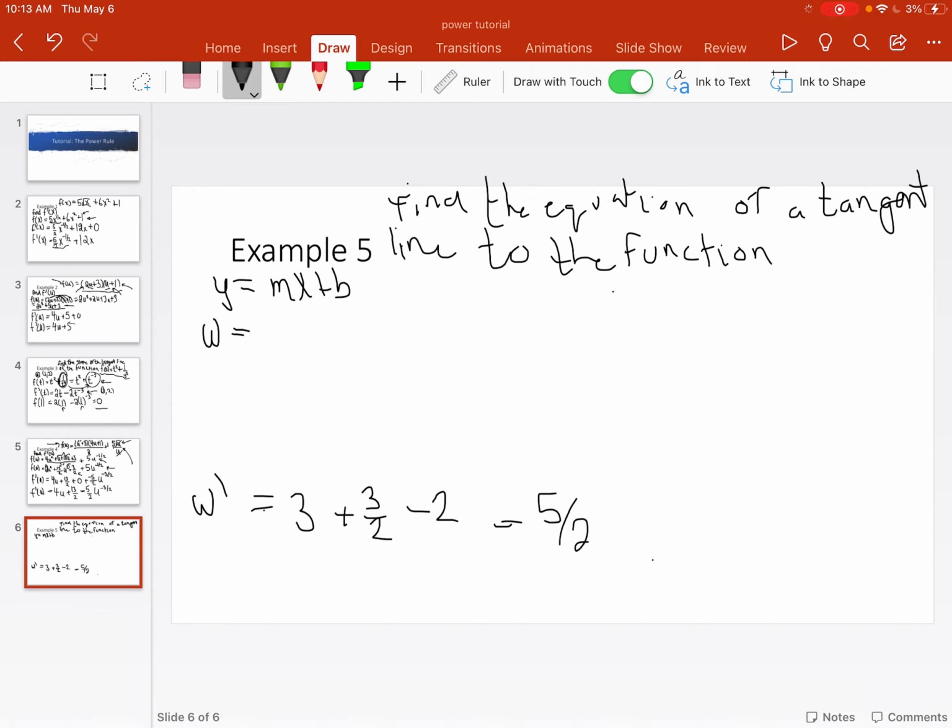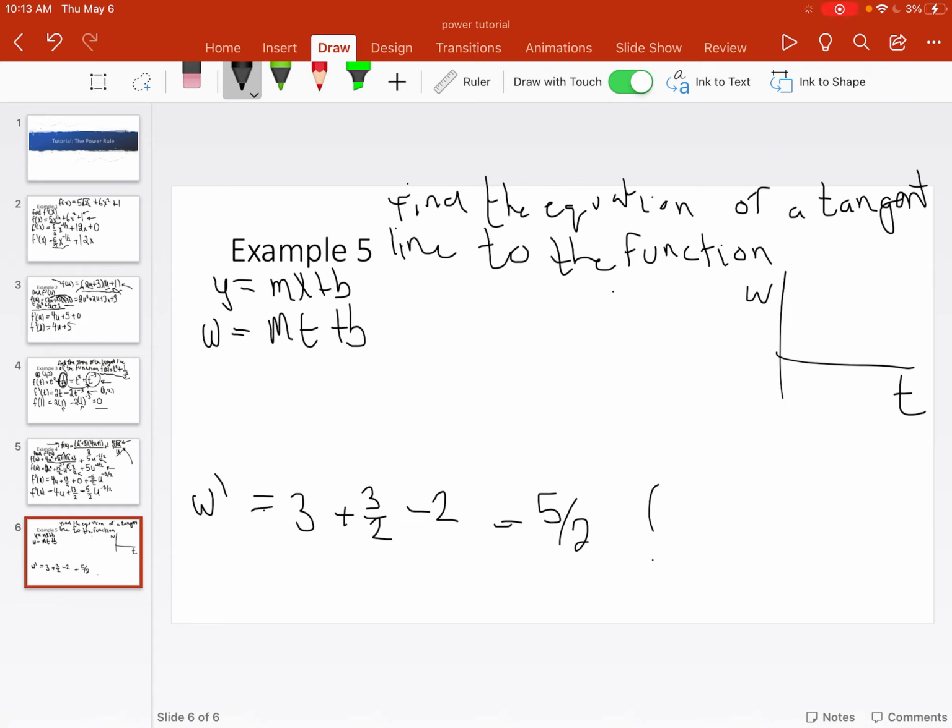So in this case, we'll have w is equal to mt plus b, because you can imagine this to be a graph where t is on the x-axis and w is on the y-axis. So our tangent line is going to be w equals mt plus b.